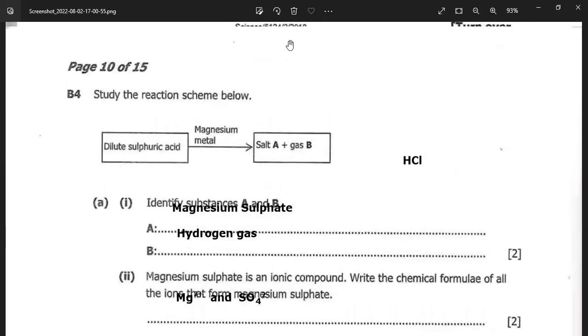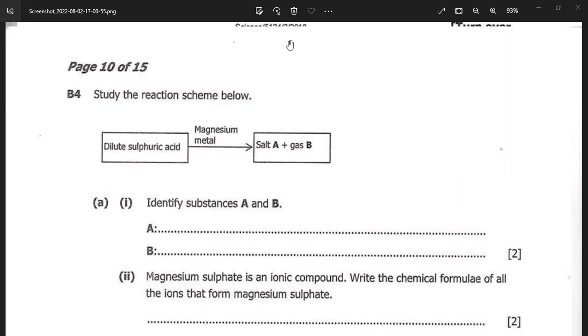Is it a soluble salt or an insoluble salt? Definitely, magnesium sulfate is a soluble salt, because you're supposed to know these in general. You're not supposed to memorize them, but you should know them in general. All sulfates are soluble except barium sulfate and lead sulfate.